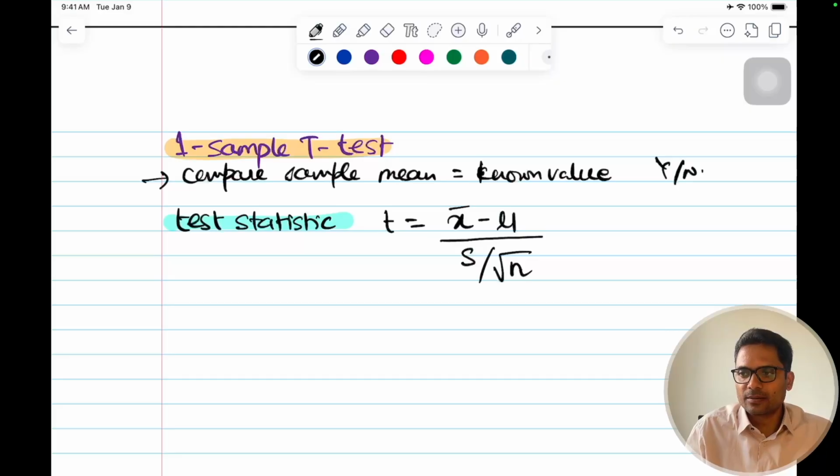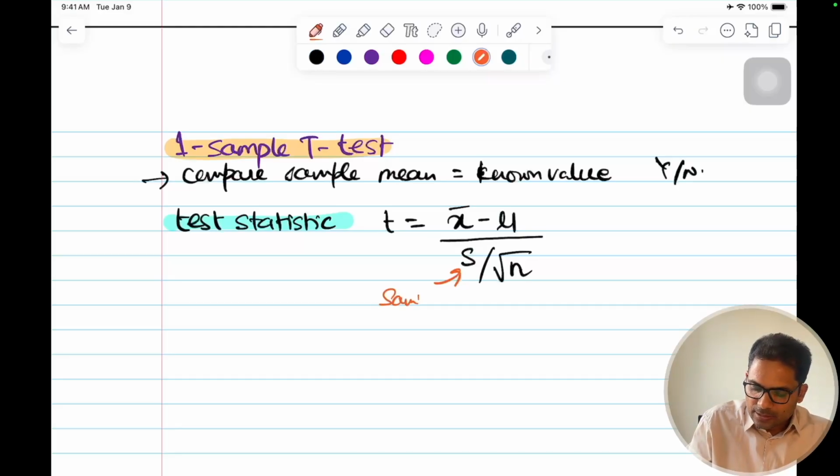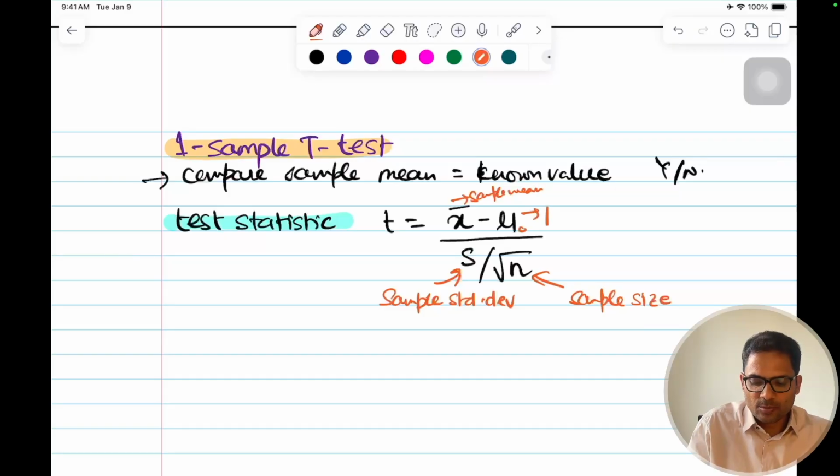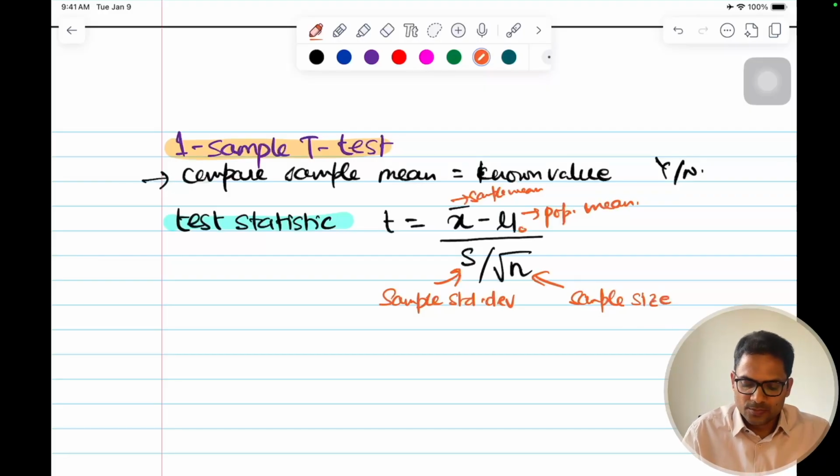This is your standard error. Here s is the sample standard deviation, n is the sample size, x-bar is the sample mean, and mu naught is the population mean, the known value. So this is the test statistic.